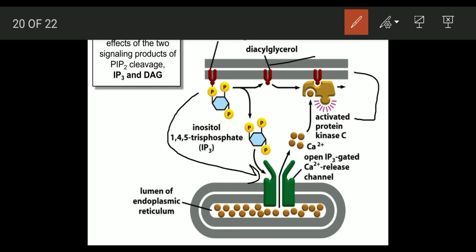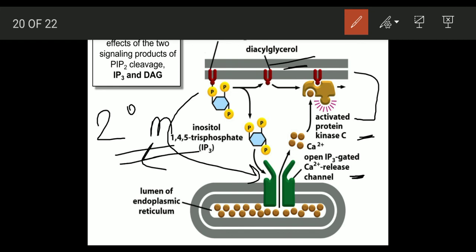IP3 takes part in opening the IP3 gated channels and release of calcium ions, and DAG takes part in activation of protein kinase C, and further cellular responses take place according to that. This is the basic concept, guys. I hope you are getting the concept here. Now if I say, this IP3 is a secondary messenger like cAMP. The same concept is here also.